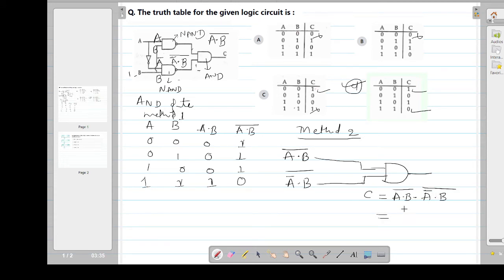This I can simplify. This A bar with the whole bar over it, the bars get cancelled, so this becomes A, and this becomes B bar. So there is a B bar over here.